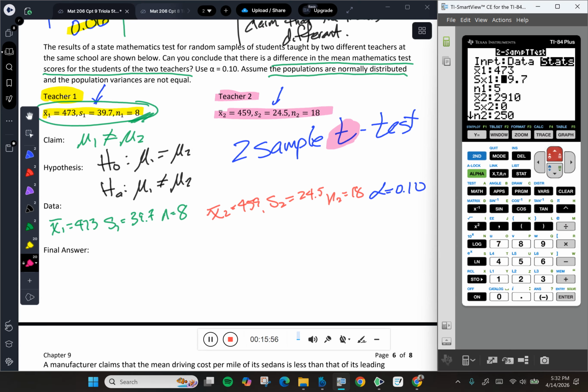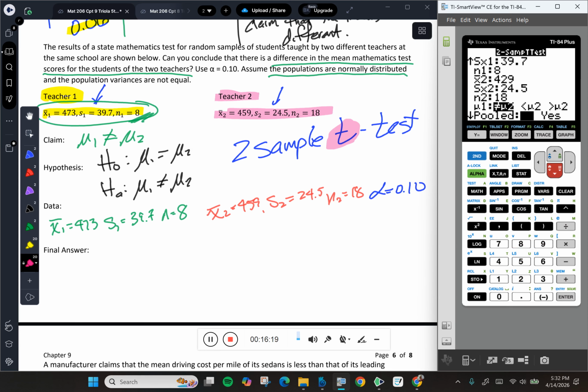Why did I type 5? 8. There we go. X bar 2, group 2, 459. Sample mean for group 2. Sample standard deviation, 24.5. Sample size, 18. There's more. What's the alternate? Not equal to, so I make sure that's selected.